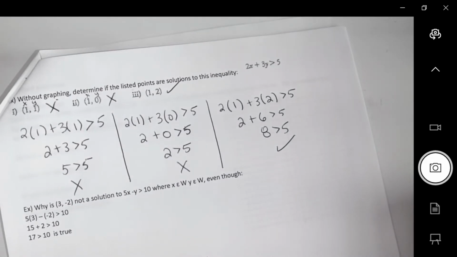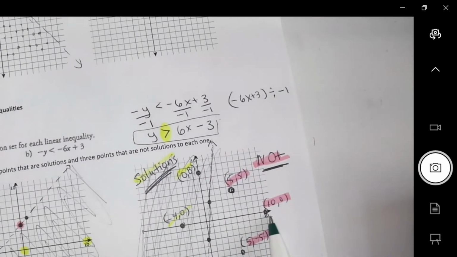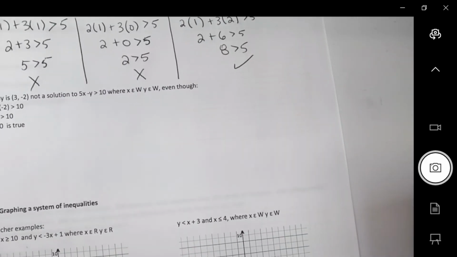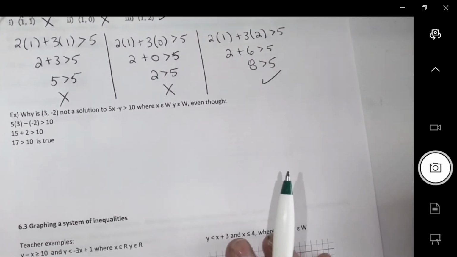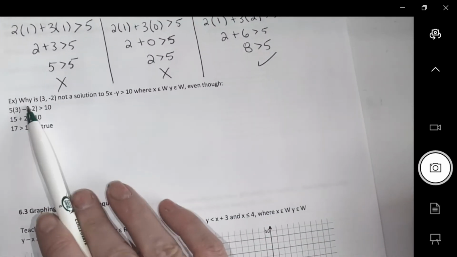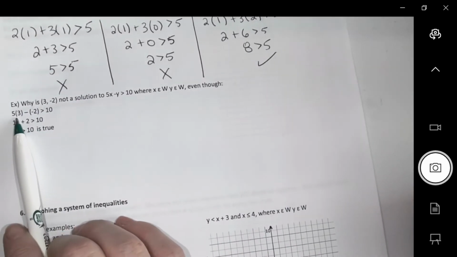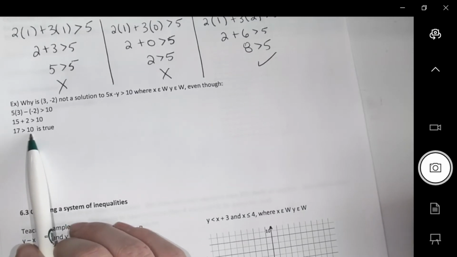Okay? So you can figure all these coordinates out, the ones we did before. You can also plug those in, right, into the equation and see if it makes it true. Okay, so this last question says, explain why this point is not a solution, even though I plugged it in, and 17 is greater than 10.